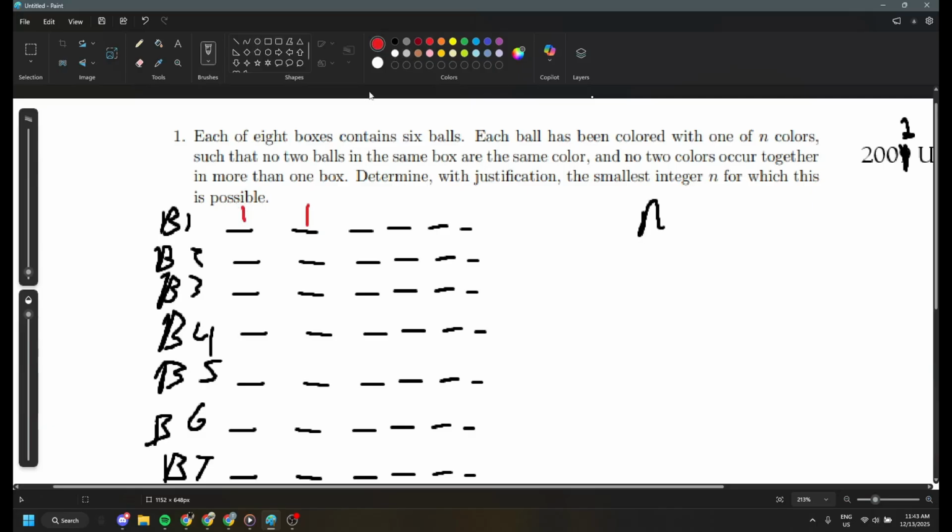That wouldn't work. So n cannot be 1. Well, n has to be at least 6.